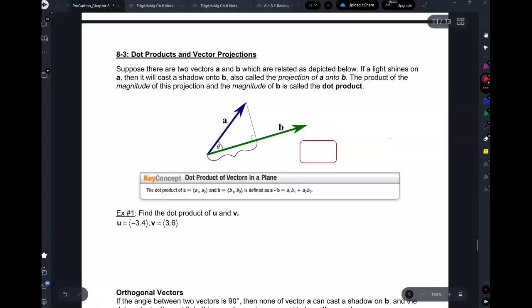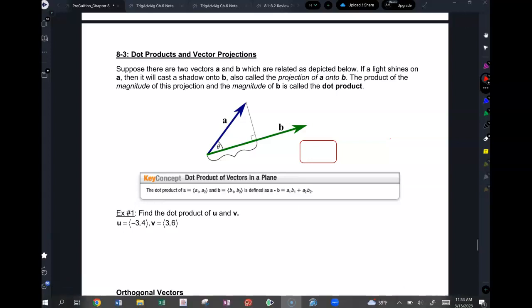Okay, so in this section, we're going to talk about dot products, more about vectors. So we've now been talking about these quantities, right?